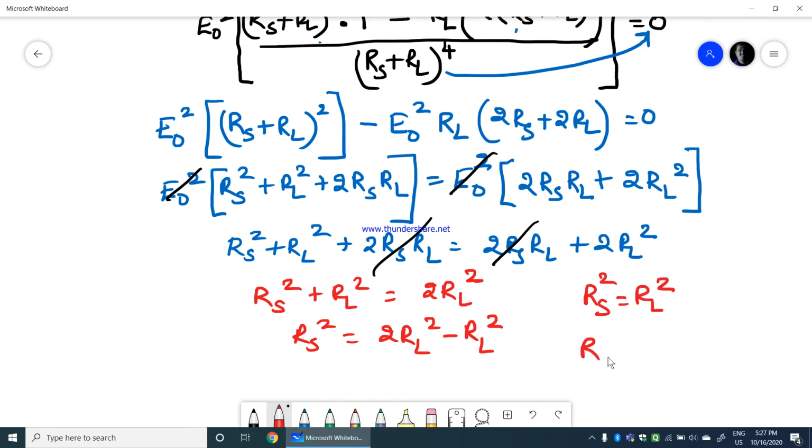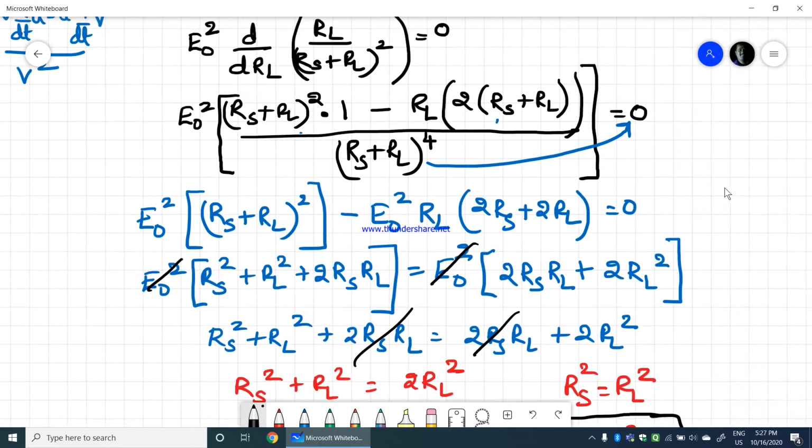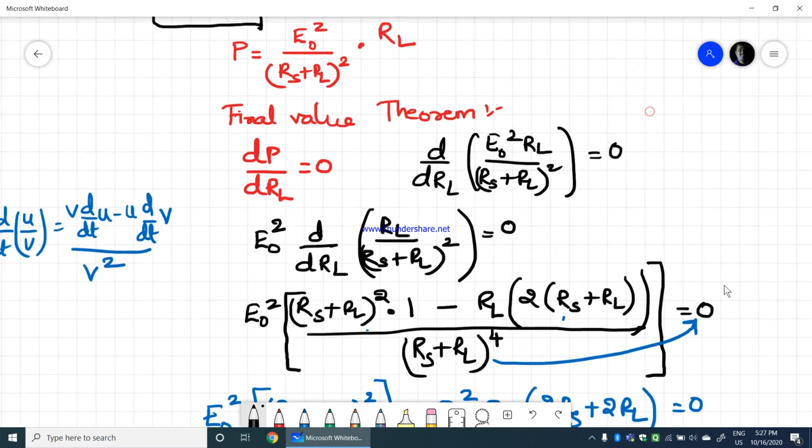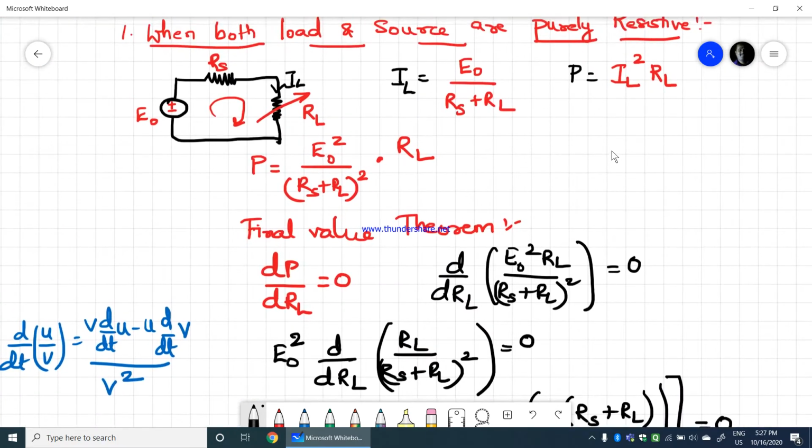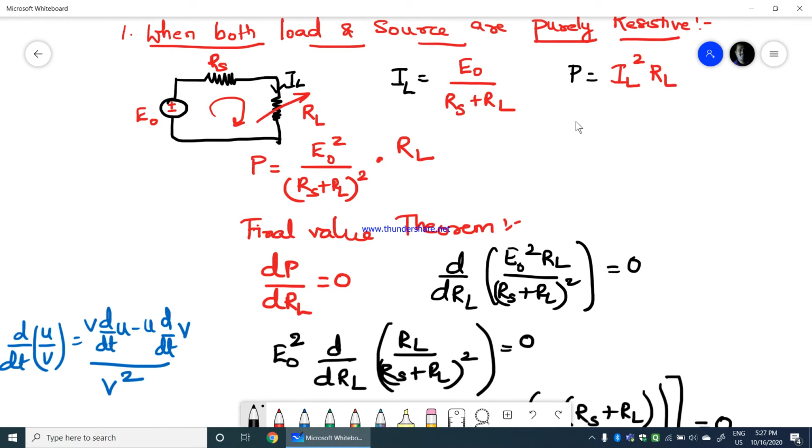Therefore, RS equals RL. Now this is the condition for the maximum power to get transferred to the load. Now how is that? I told you why the RL should be varied. So here the condition was what? RS equals RL is the condition for maximum power to get transferred.